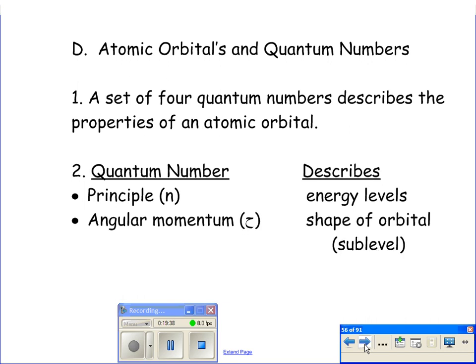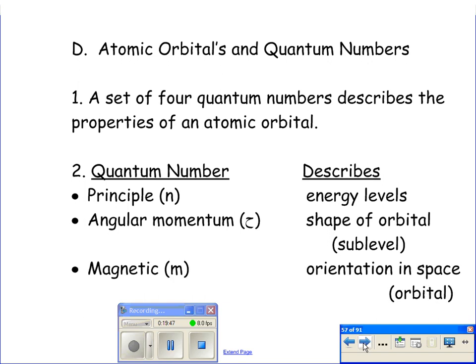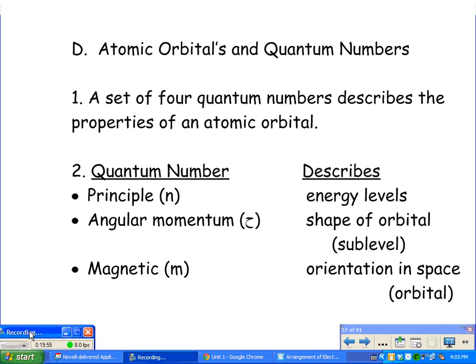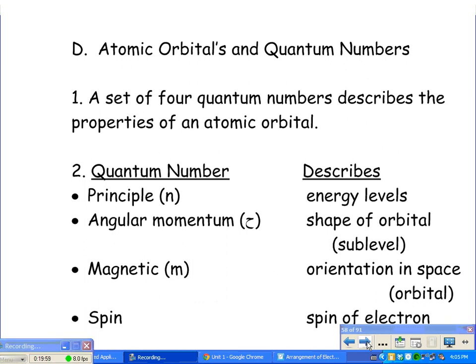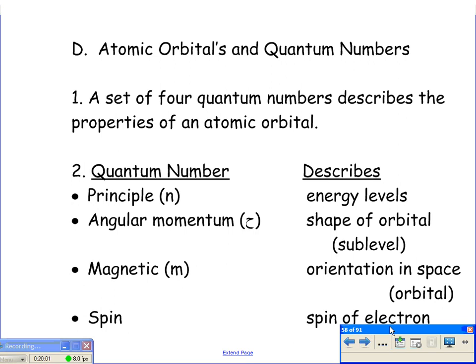Then you're going to have the angular momentum, or the shape of the orbital or sublevel that it's spinning around in. Then you're going to have the orientation, so where it is in that space. And then you're going to have its spin. The spin is just saying north or south.